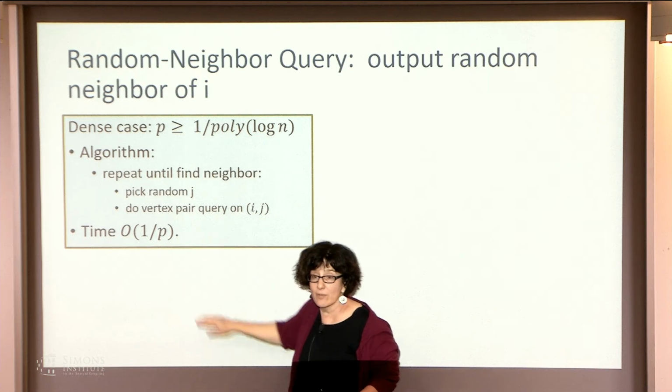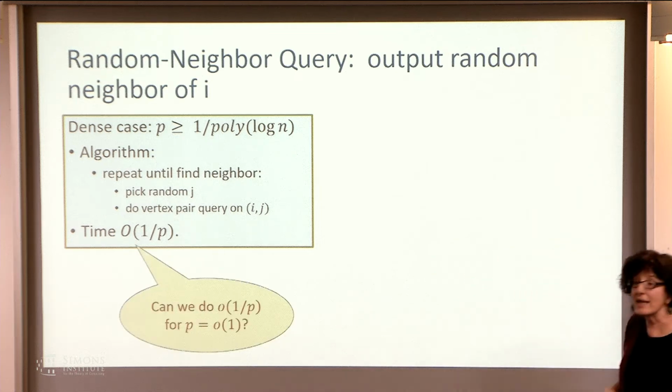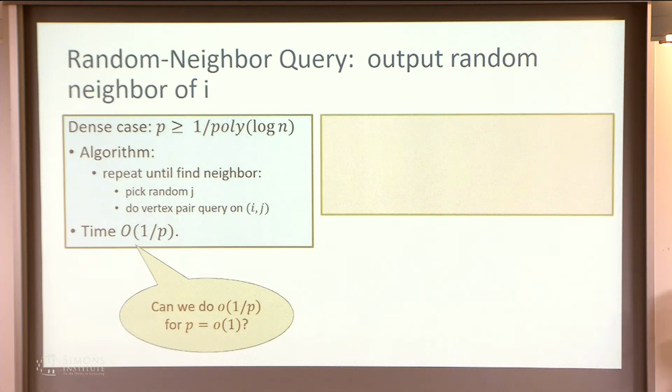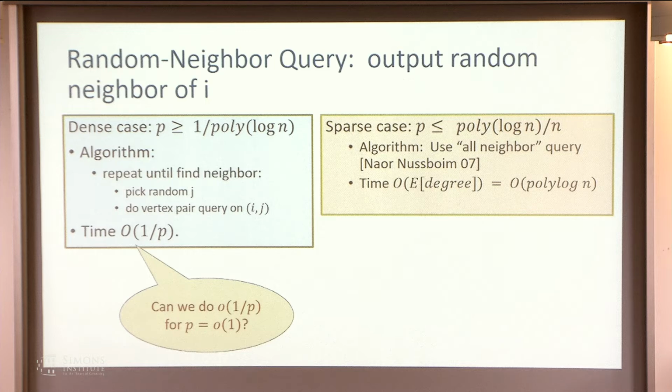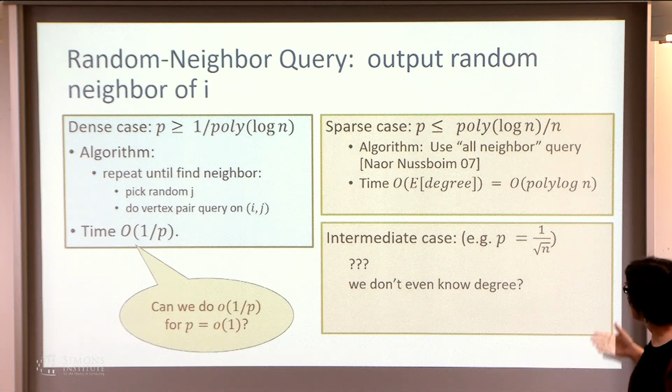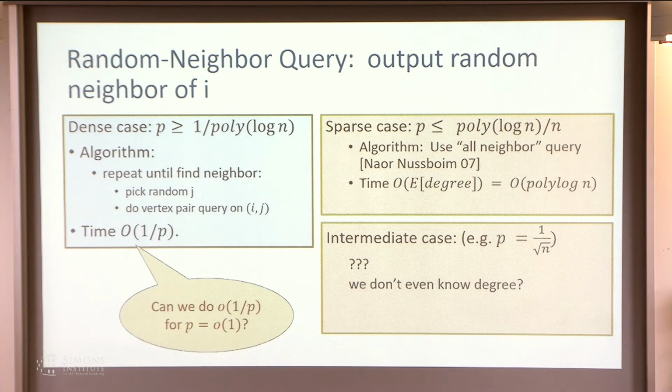It'll be time order 1 over p, just like before. And again, we want to do little o of 1 over p. Also, in the sparse case, if we have all neighbor queries, after I get the all neighbor query, we can just pick a random one and say that's the random neighbor. So that's easy. What about the intermediate case that we just talked about?